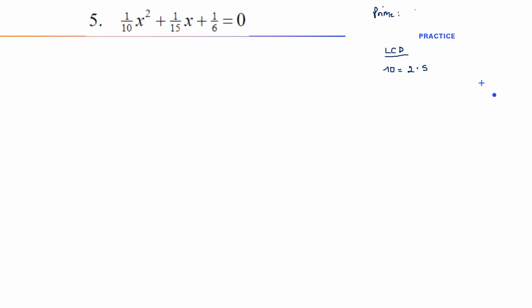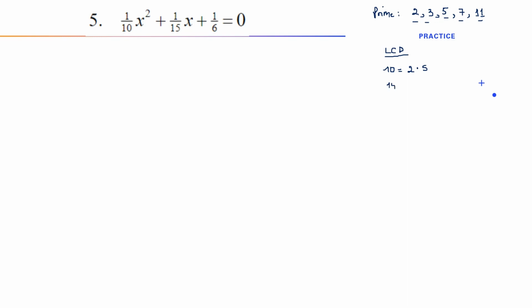We will use 2 first, then 3, then 5, then 7, 11. We try 2 first, and then 3.